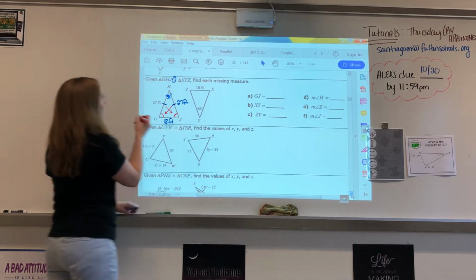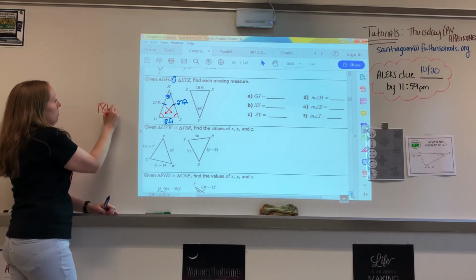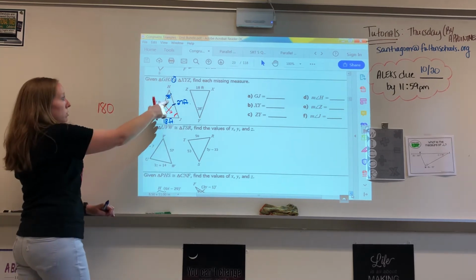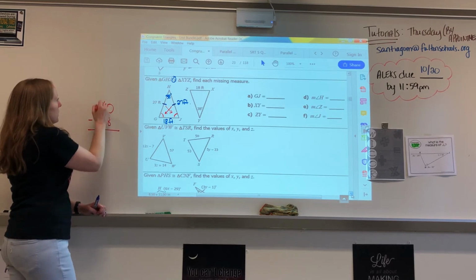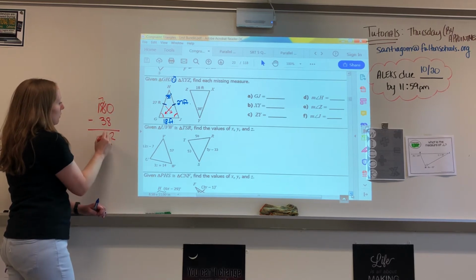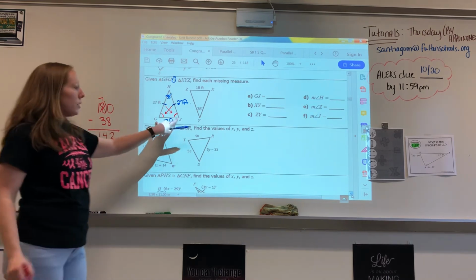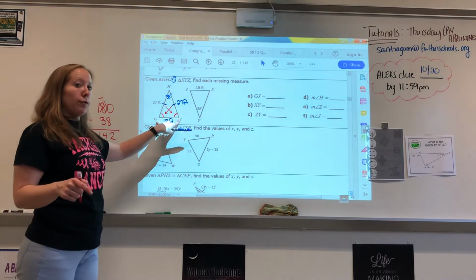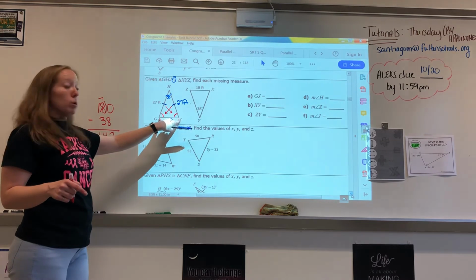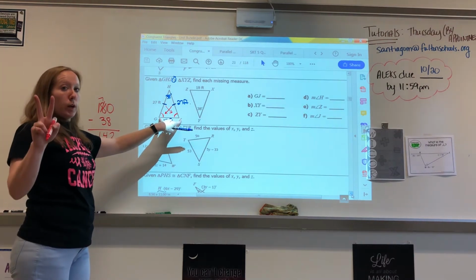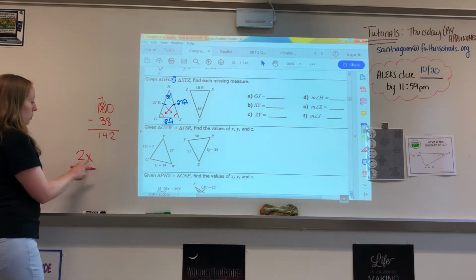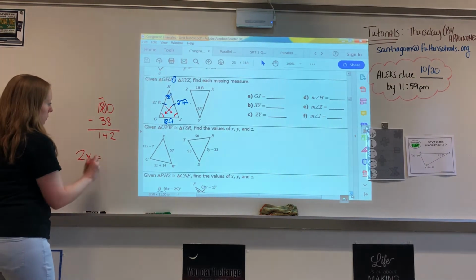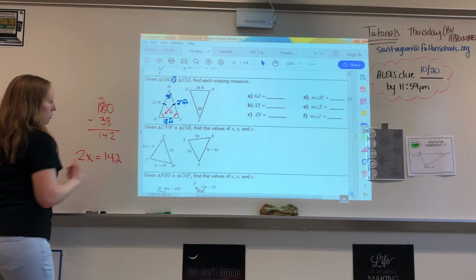So what I mean by that, if I take 180 degrees in a triangle, subtract the 38 I know. Let's see, I'm going to get 142. So I know these 2 angles add up to 142 degrees. But I have 2 of them. 2 unknowns, I'm going to call 2x. 2 unknowns should add up to equal 142.